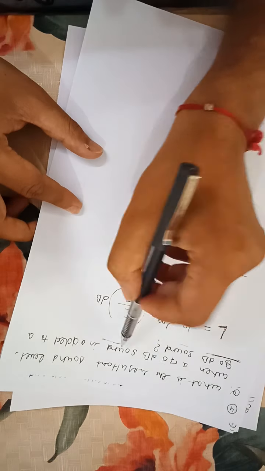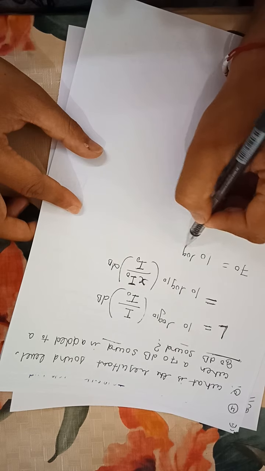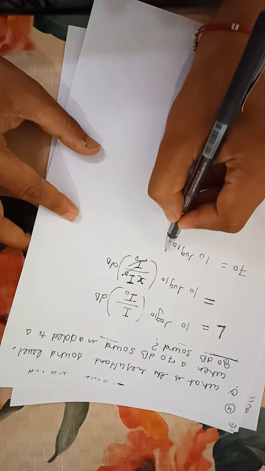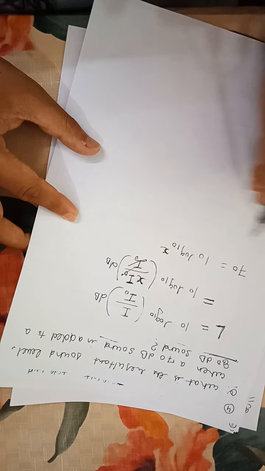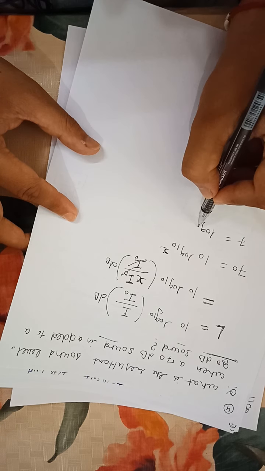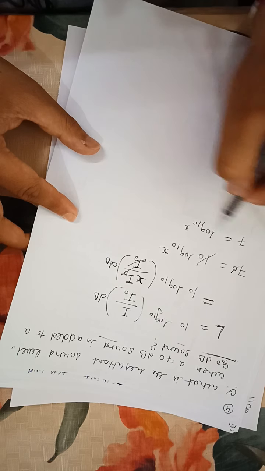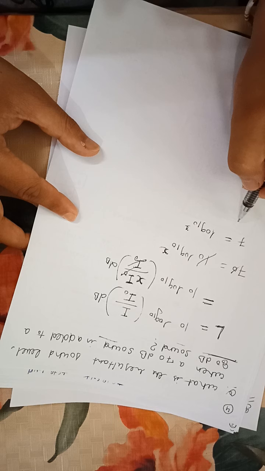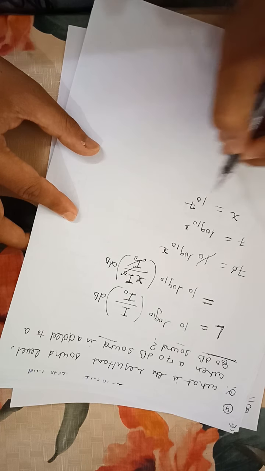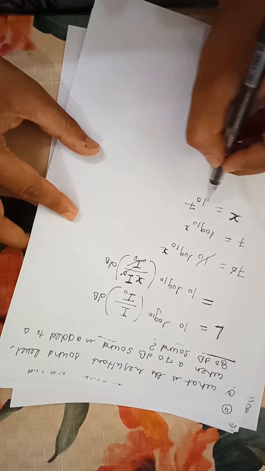And this is the 70 decibel sound we added, so 70 is equal to 10 log 10 x. Now 7 is equal to log 10 x. Okay, we cancelled the 10, then 7 is log 10 x. Now x is equal to 10 to the power 7.